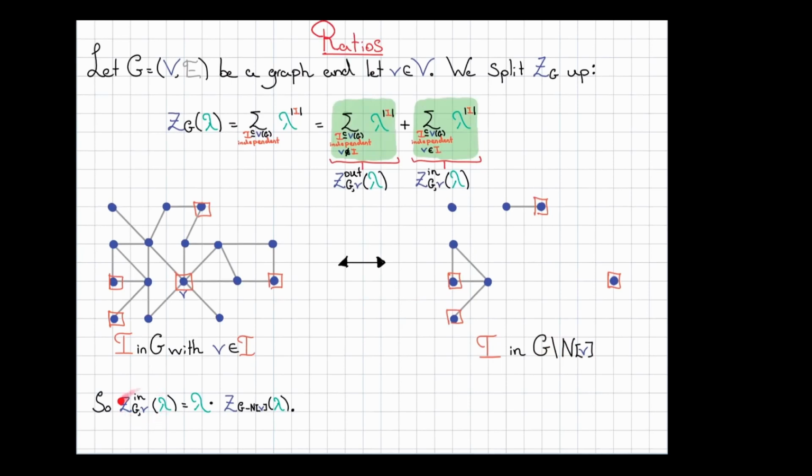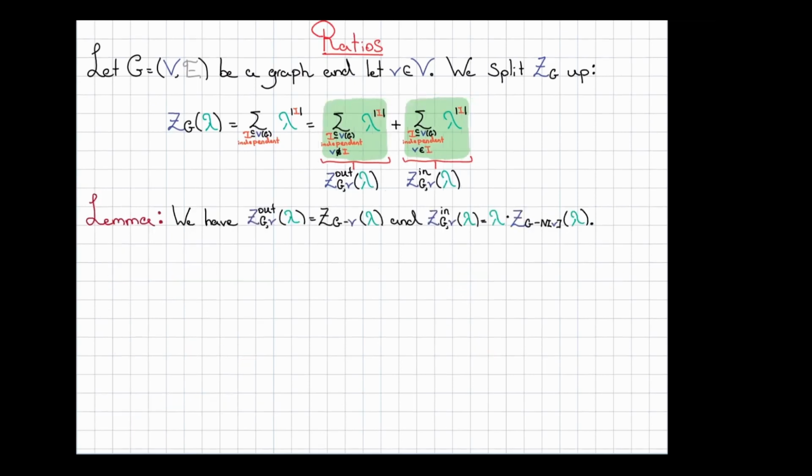This gives me the relation that Z in can be written as the independent set polynomial of the graph G where I've removed the neighborhood of V, where I have to multiply by lambda because V is in the independent set here on the left, giving a contribution of lambda. So yeah, we have this lemma that Z out and Z in essentially are independent set polynomials or related to independent set polynomials of smaller graphs.